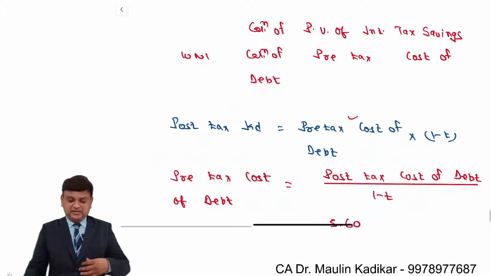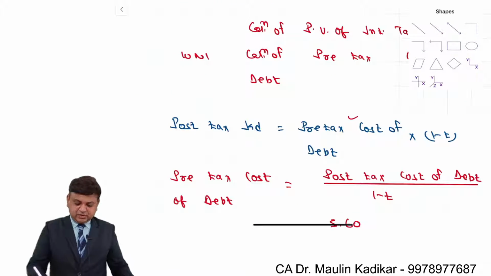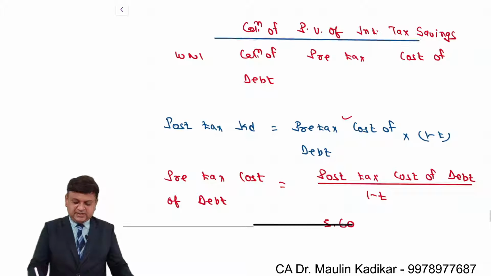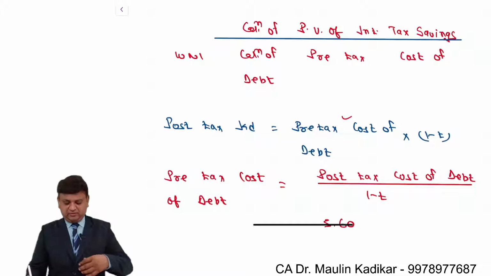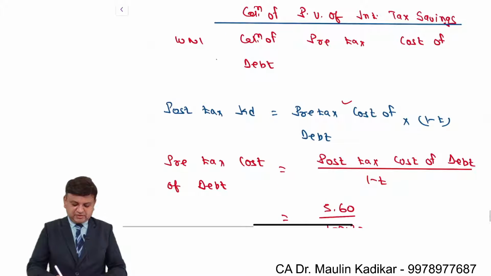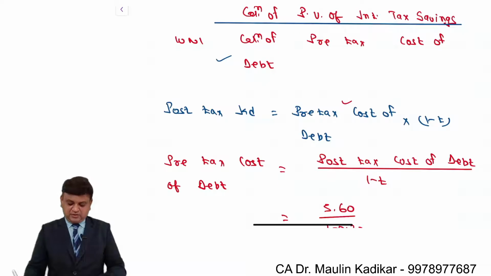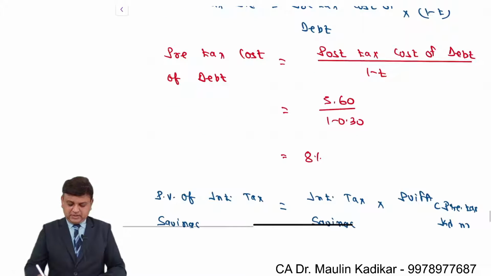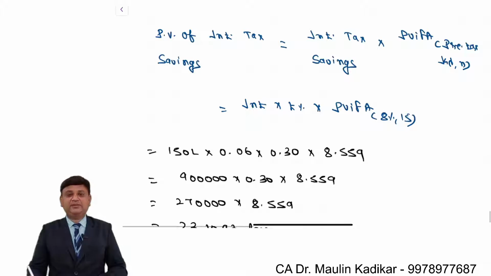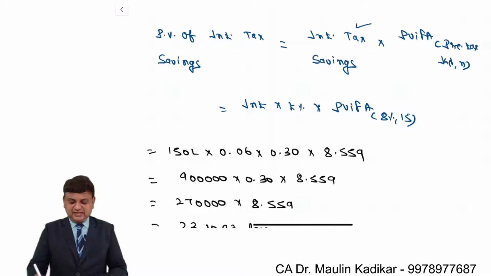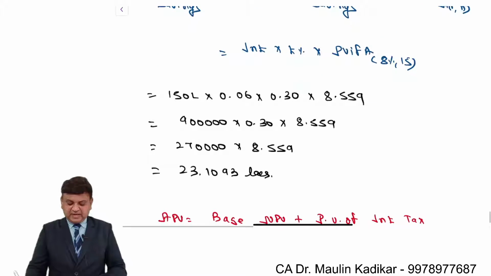Next is the important working: calculation of the present value of the interest tax saving, its discounted value. For that, first of all the pre-tax cost of debt is calculated, because the post-tax is given. Then the present value of the interest tax saving, that is, interest tax saving discounted in present value terms.